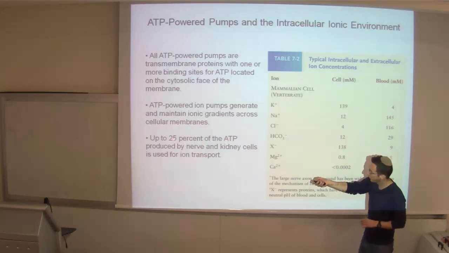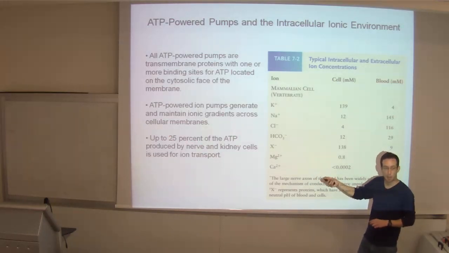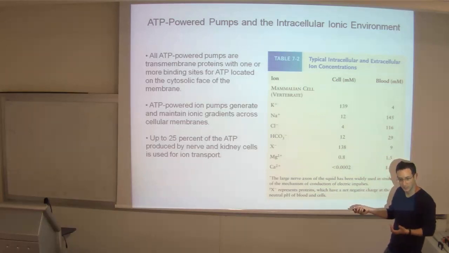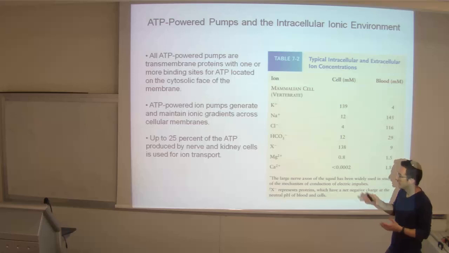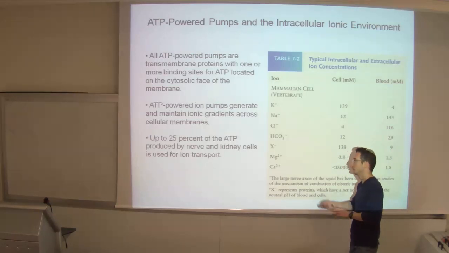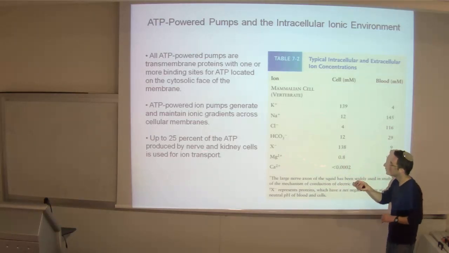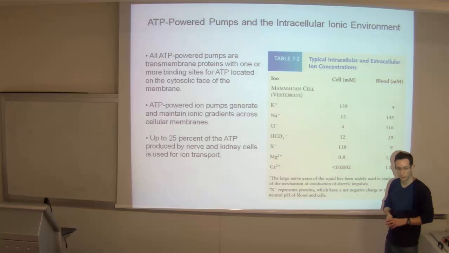This is a quarter of the available ATP in the cell. Just think of how many additional processes a cell is involved in besides ion transport, but still a quarter of the available energy goes to maintenance of these ionic gradients.